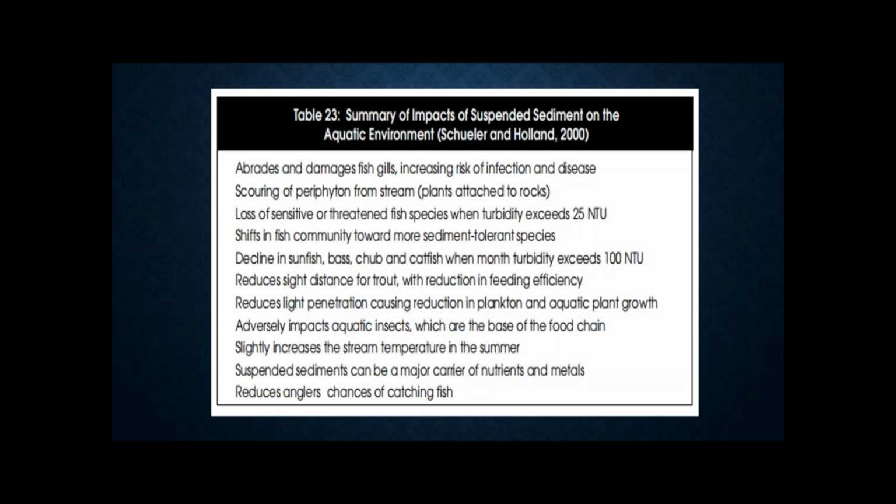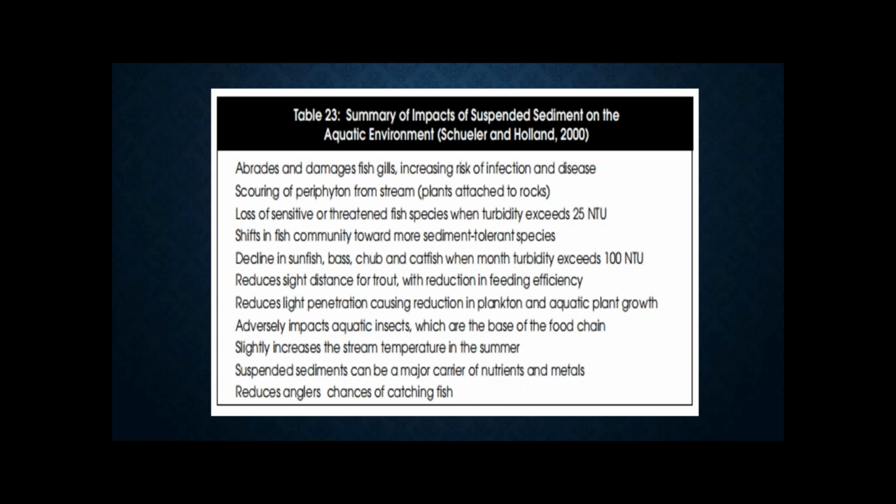So here's an example of sediment, as mentioned earlier, and this example is highlighting the impacts of suspended sediment, which is sort of like that turbidity, where we talked about the cloudiness, which is something that's being suspended. Suspended sediment can cause abrasions in fish gills, increase risk of infection and disease.